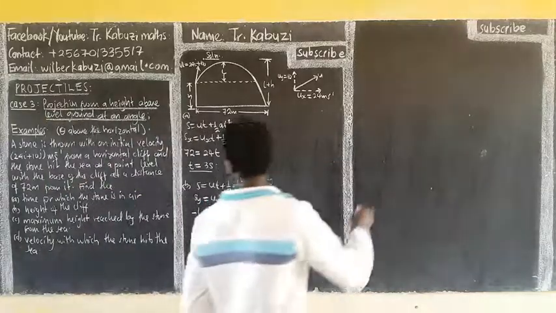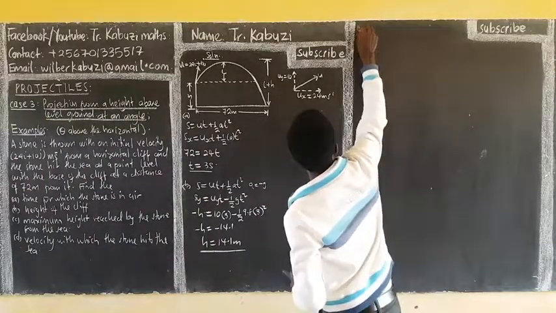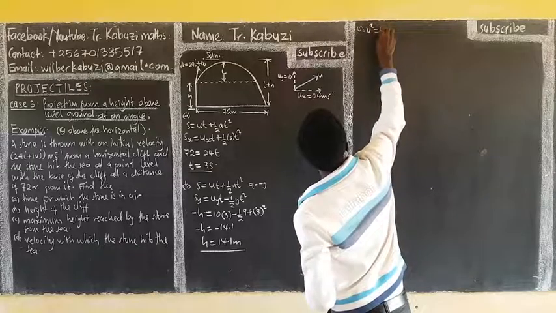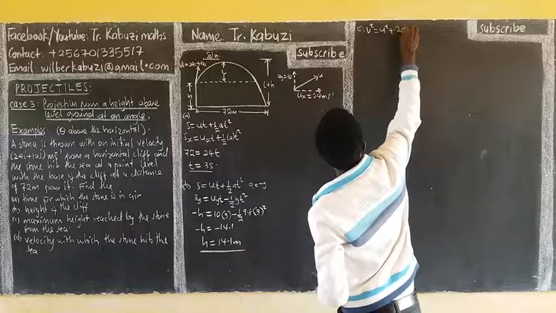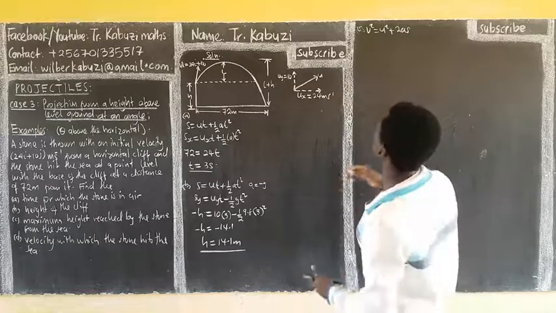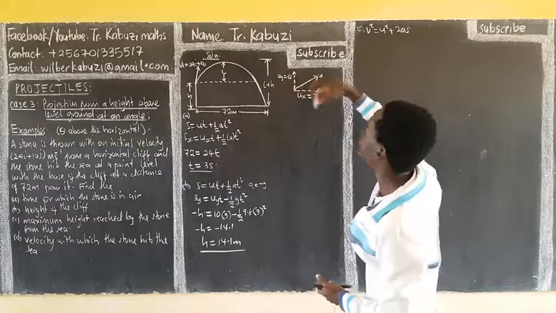So now in part C, from V squared equals U squared plus 2AS. Now the height, here I'm looking for the maximum height because I'm going vertically upward.